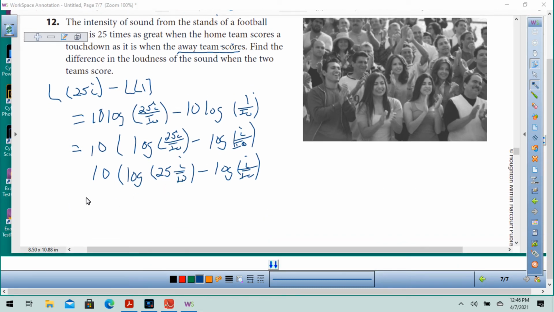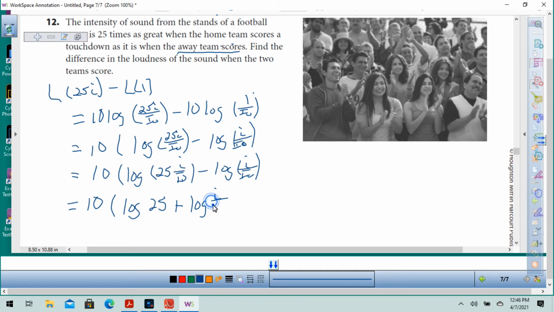And then we can divide that up. 10, and that's log 25 plus log I over I sub 0 minus log I over I sub 0. Now, we did that because these two will cancel out, all right? So you end up with 10 log 25, 10 times log 25.